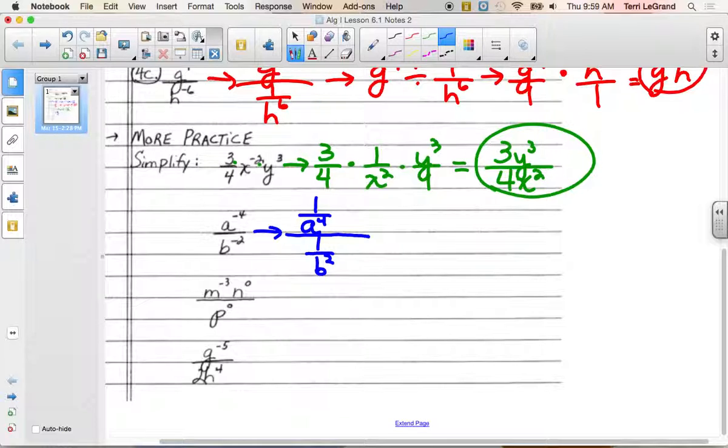Just like we did up above, when we have a fraction within a fraction, whether there's 1 fraction or 2 fractions within our fraction, we're going to rewrite it as a division problem first. So 1 over a to the 4th divided by 1 over b squared.